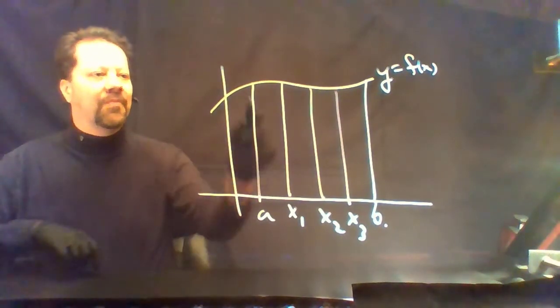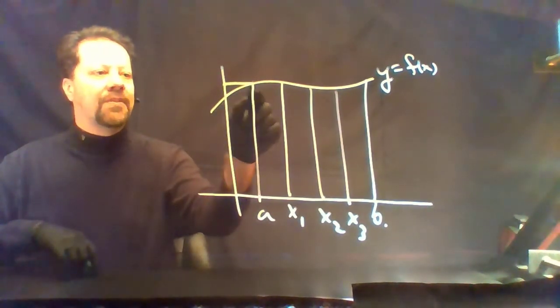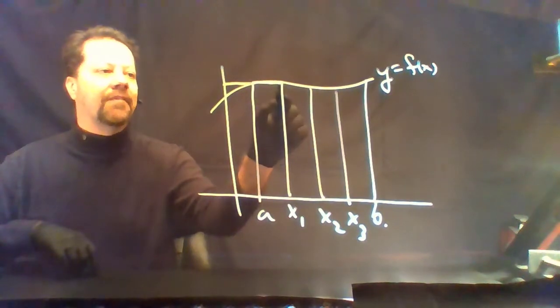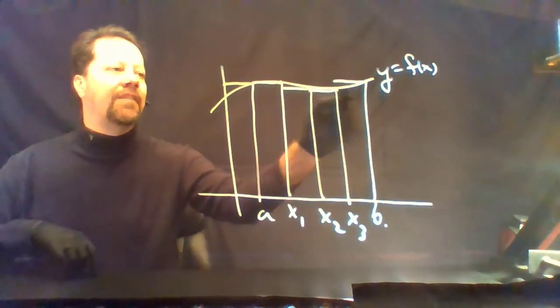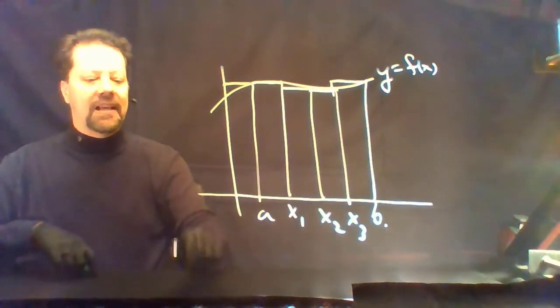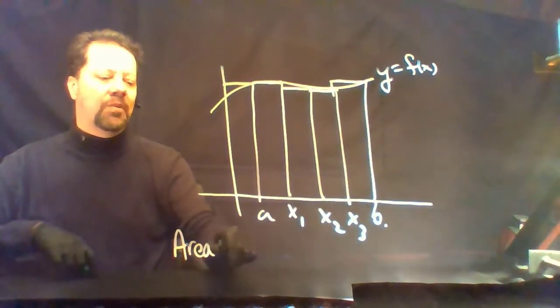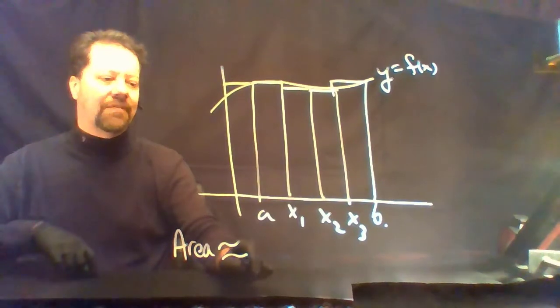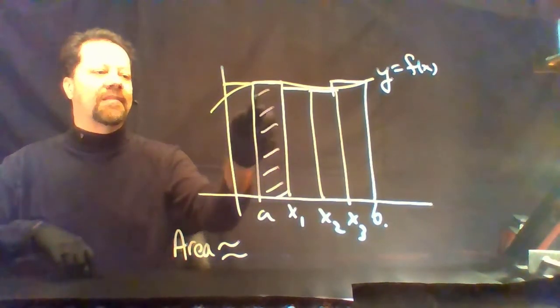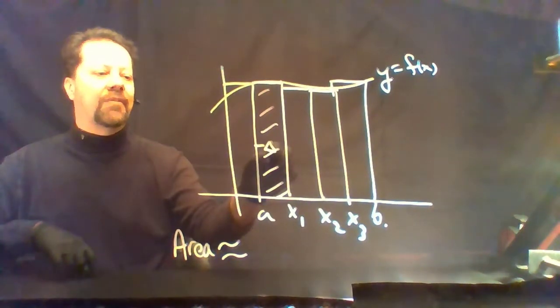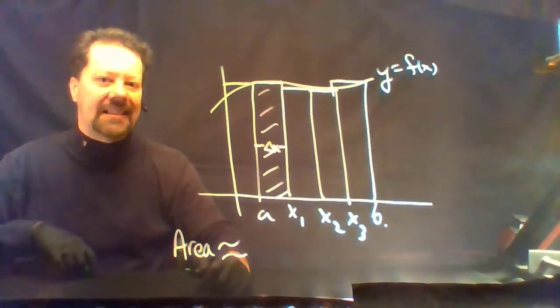Here's what we'll do. If we use the right-hand endpoint of every interval to estimate the area of the undergraph, the area will be approximately equal to the following. We have height times width. The width of each of these rectangles will be delta x.